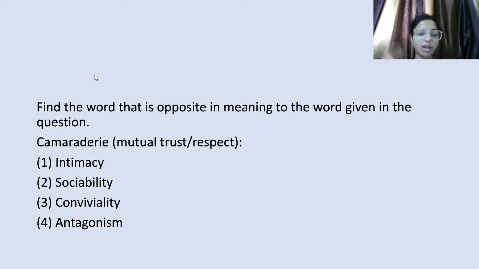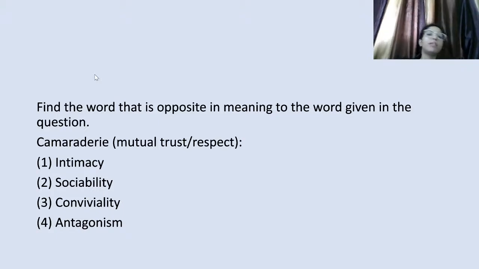Your time starts now to think of the answer and then I'll explain. Hope you have thought of an answer, and I'll tell you one by one.